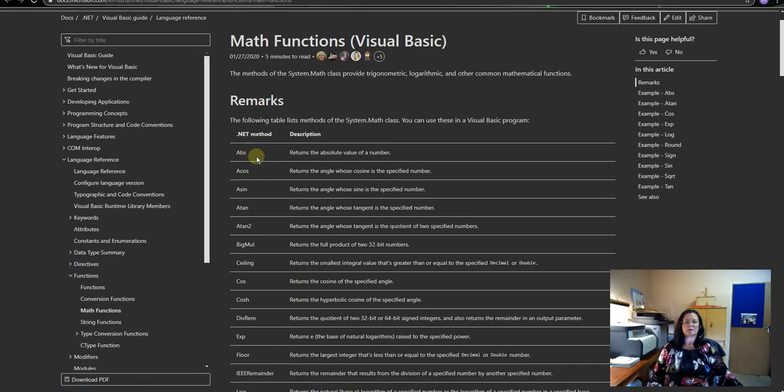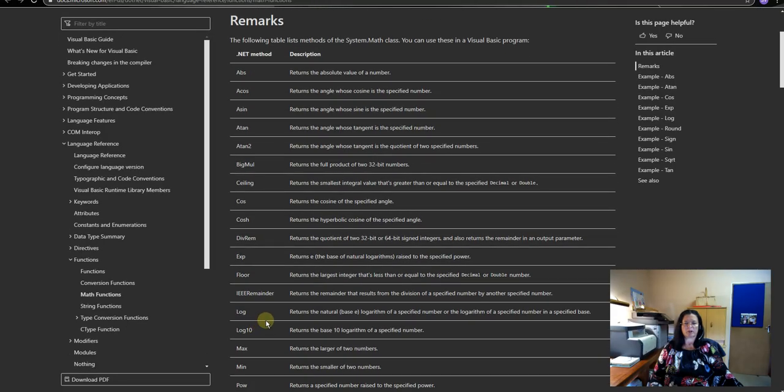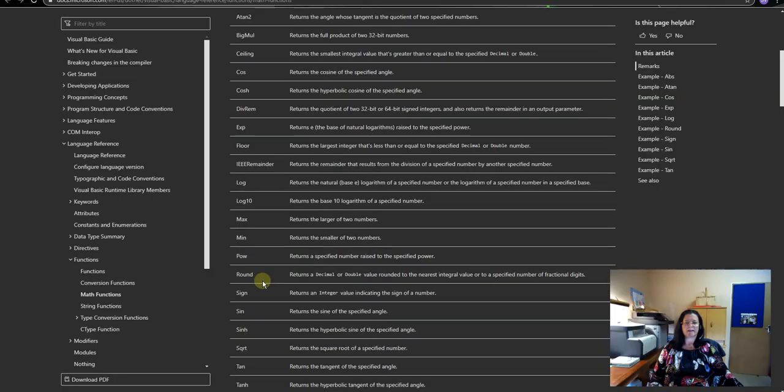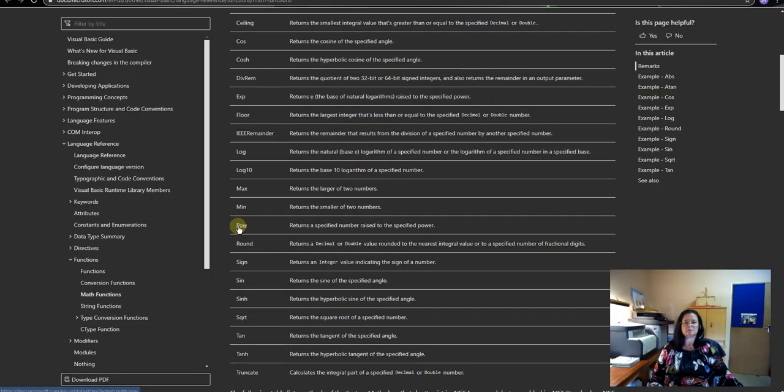Absolute gives me the positive of a value always. I'm going to jump right down to power. So this would now be a to the power of 5 or something like this. That would help us. And square root. I'm only going to look at power and square root in the exercise today.